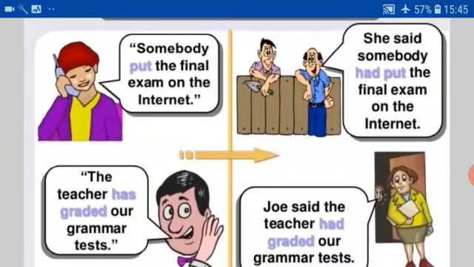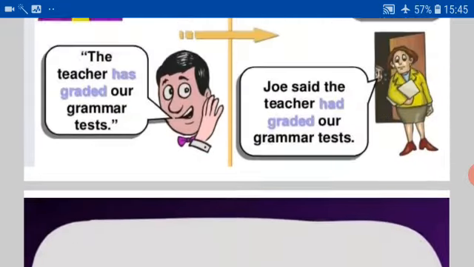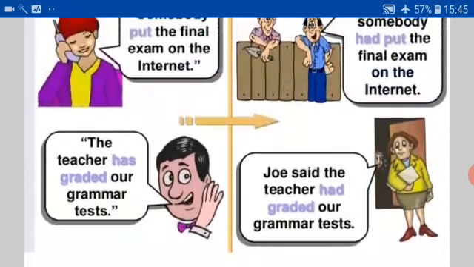So it has become had put. "The teacher has graded our grammar test." Joy said the teacher had graded our grammar test. Here in the first sentence, has graded is present perfect tense, and in the transformed version of this sentence, had graded is past perfect tense.